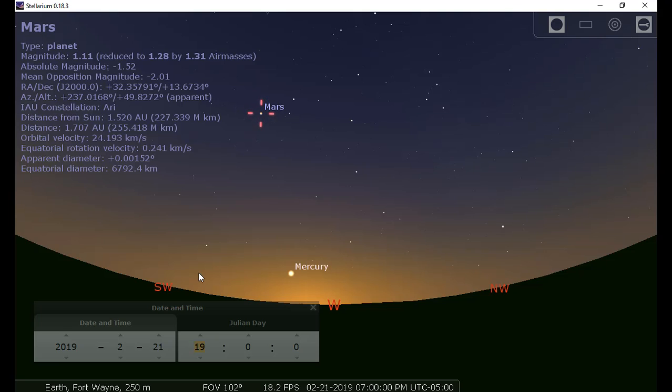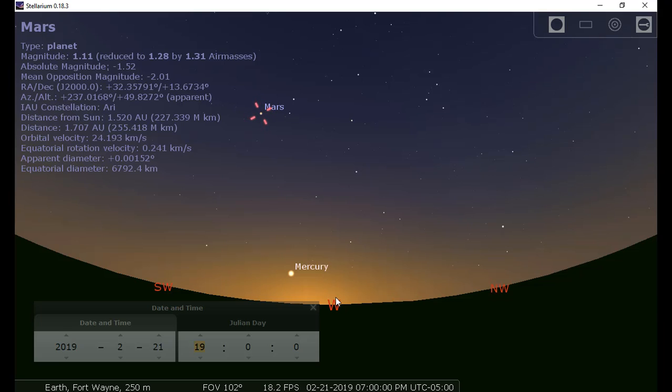West would be a perfect 270. That's 90 times 3. And so we're not quite to a perfect west position for Mars, and that's pretty clear from our picture. Here's Mars, here's the west, and Mars has definitely not made it to that point.